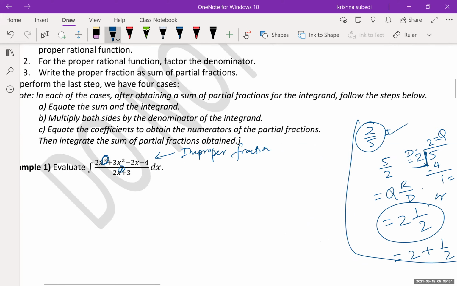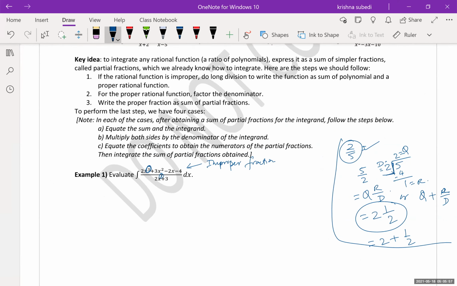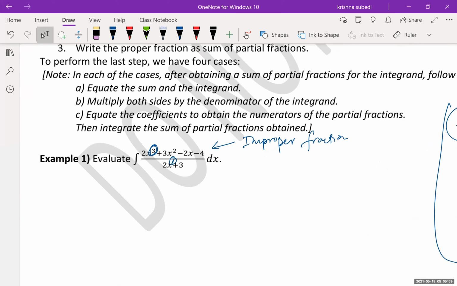And in high school, you also learn how to divide and change an improper fraction into a proper fraction.